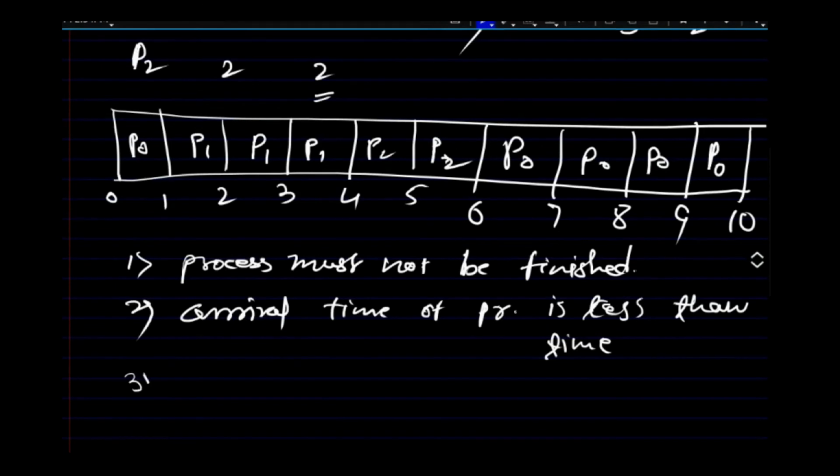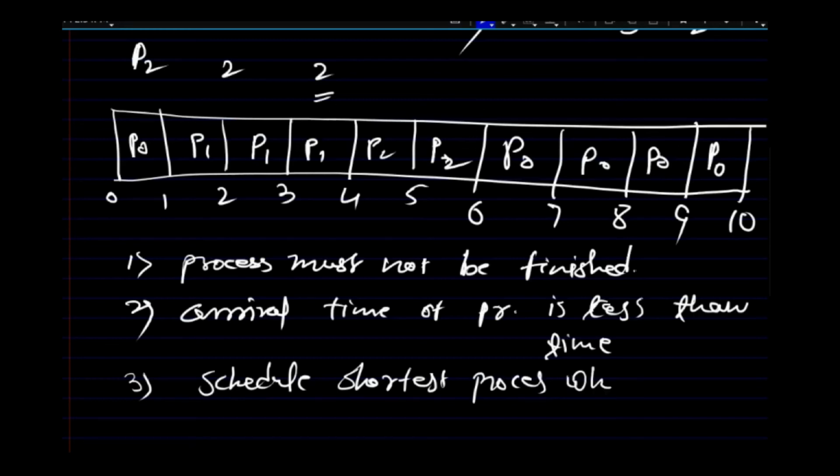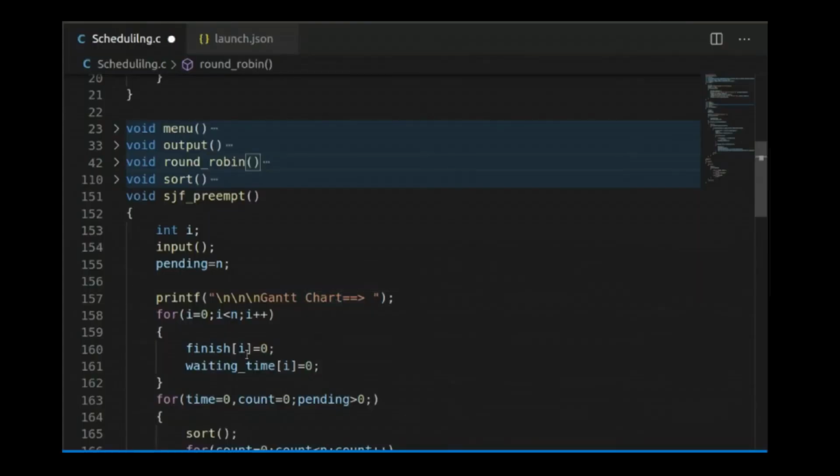And third condition, schedule the shortest process among those which have arrived. If the first two conditions are satisfied, we have to schedule the shortest one, which has arrival time less than the timeline. So these are the three conditions that we have to check.